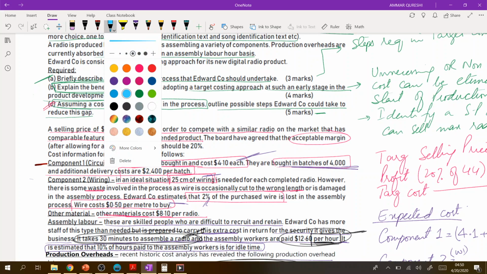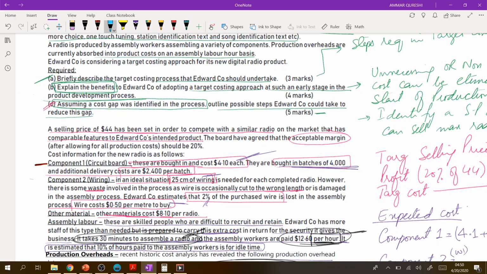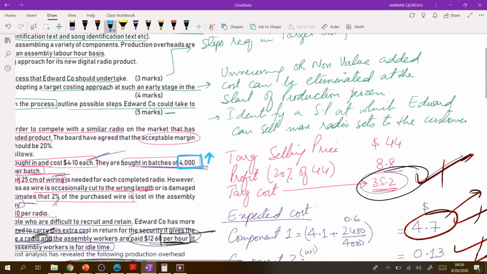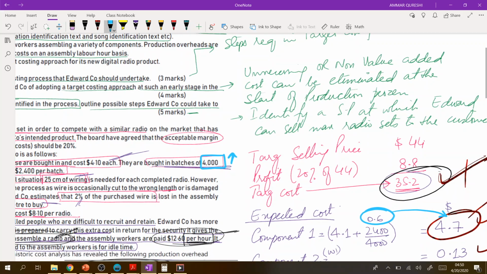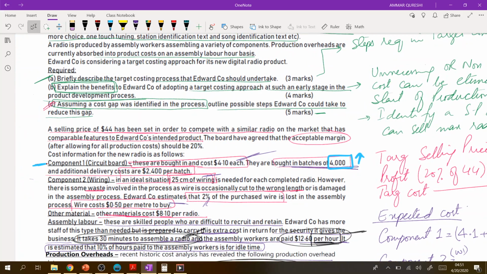If we order more units, we are ordering 4,000 units a batch. If we increase this quantity, then definitely my cost per unit, the transportation cost of 0.6, will get lower, and this can reduce my component one cost. Ultimately, the overall cost can be reduced.